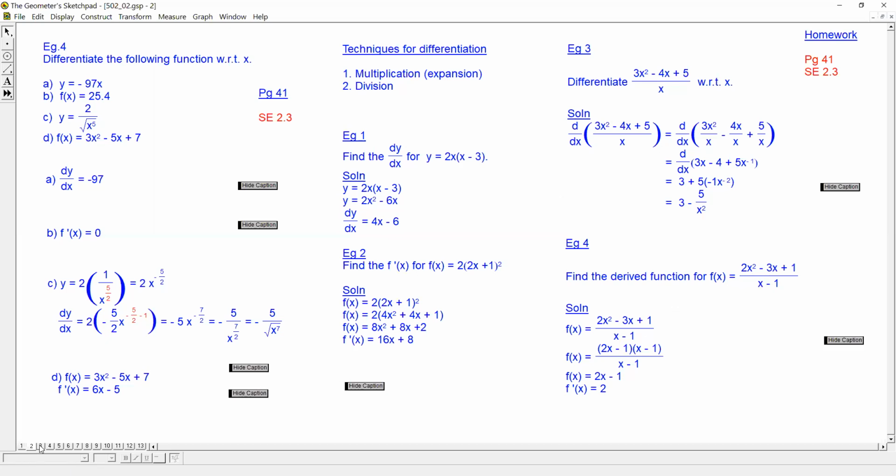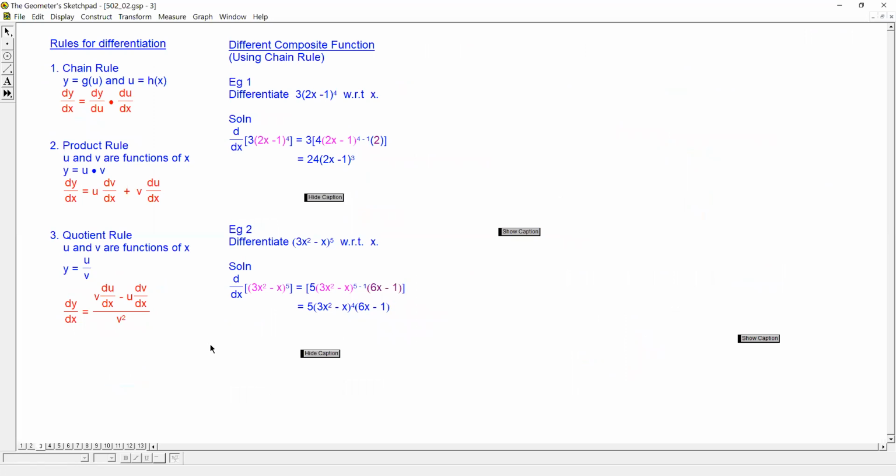Now after the basics, you have 3 rules: the chain rule, product rule, and quotient rule. To understand this, dy dx equals dy du times du dx. You may not be able to imagine a composite function.